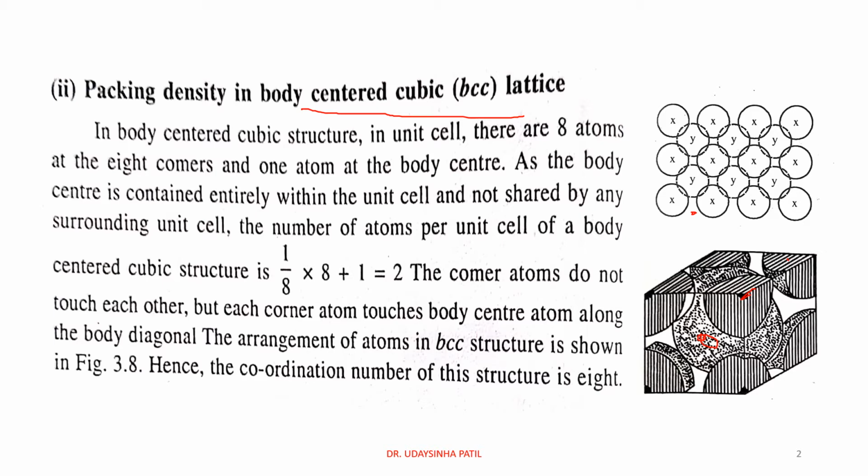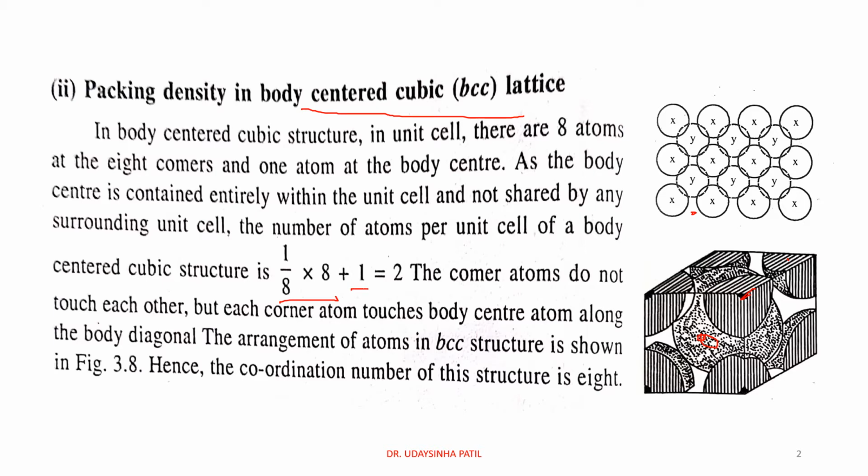As the body center is contained entirely within the unit cell and not shared by any surrounding unit cell, the number of atoms per unit cell of the body-centered cubic structure can be calculated as 1/8 times 8, for the 8 corner atoms which each contribute 1/8, plus 1.